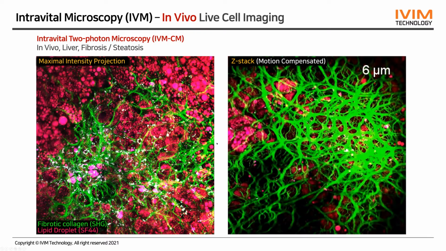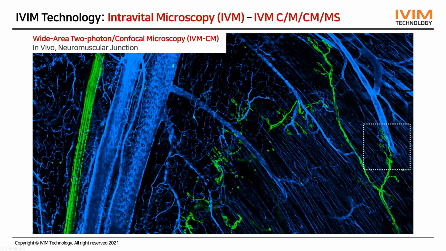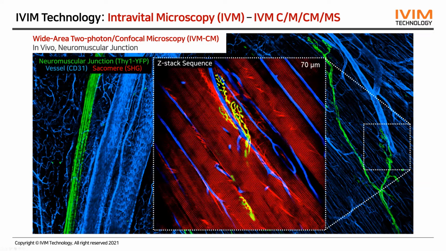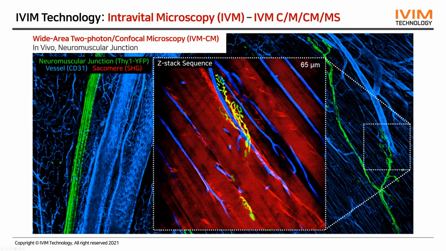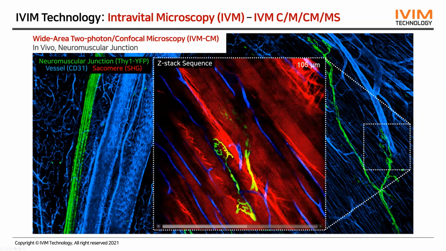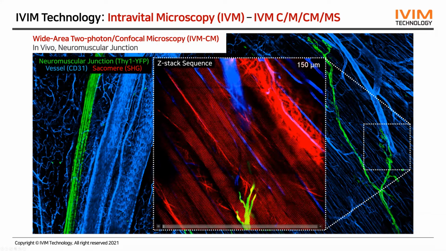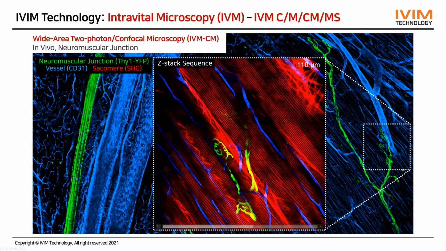This second harmonic generation signal is also strongly detected from the sarcomere of the myocyte. This is a mosaic image obtained from the thigh muscle of an anesthetized mouse. In this particular example, we used a Thy1-YFP mouse. The green is yellow fluorescent protein, which is expressed in the nerve axons and the neuromuscular junction inside the muscle.